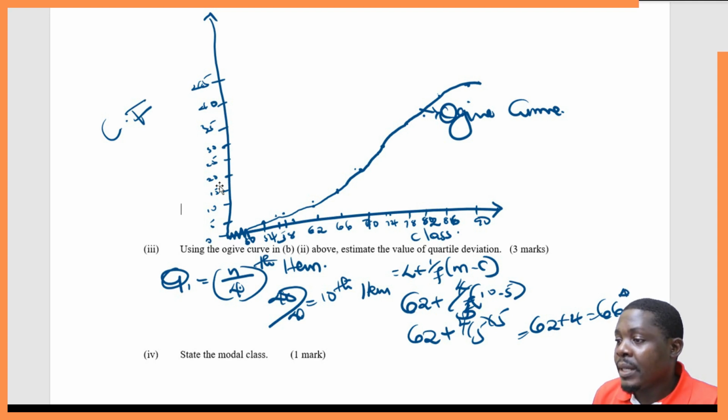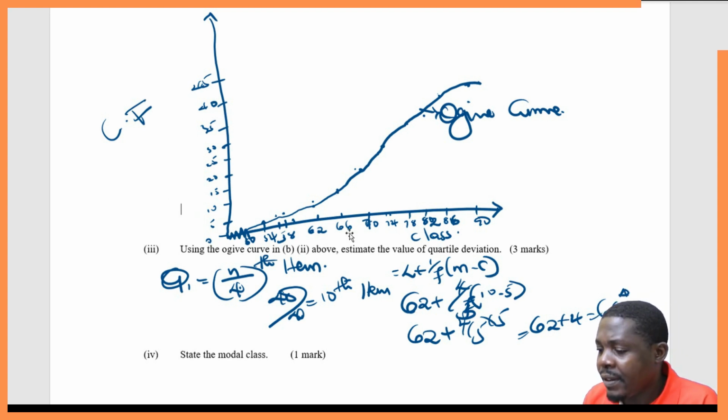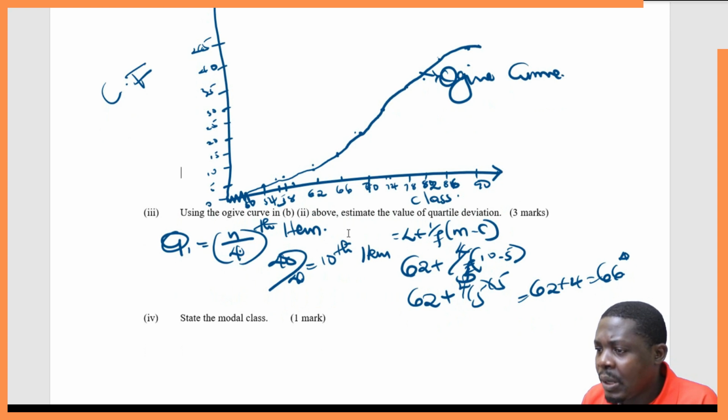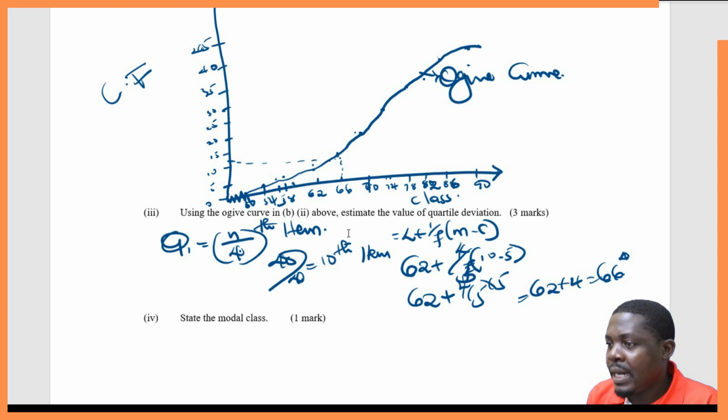Now in that case, we can use this to identify. We wanted to use the ogive curve to estimate the value of the quartile. Now we identify where 66 comes, and then approximate this side, and you record the item on this particular side.